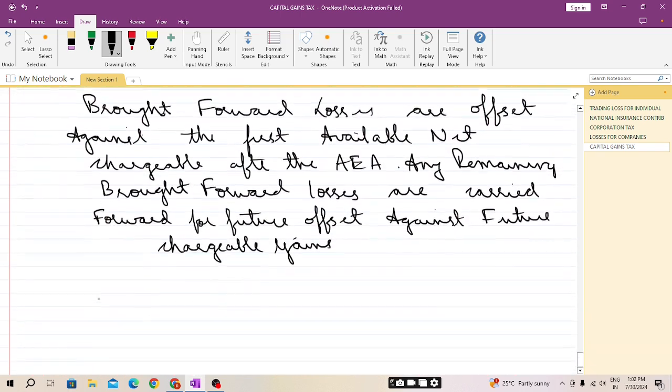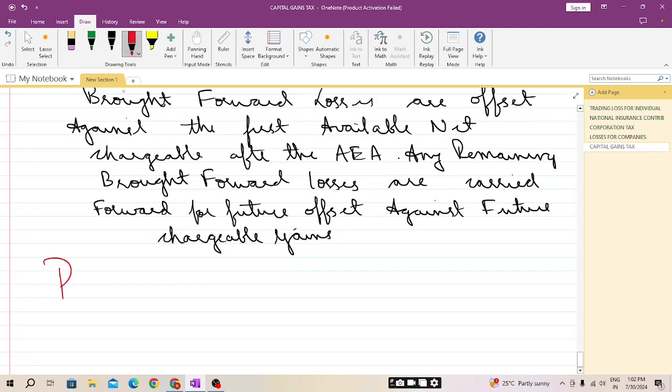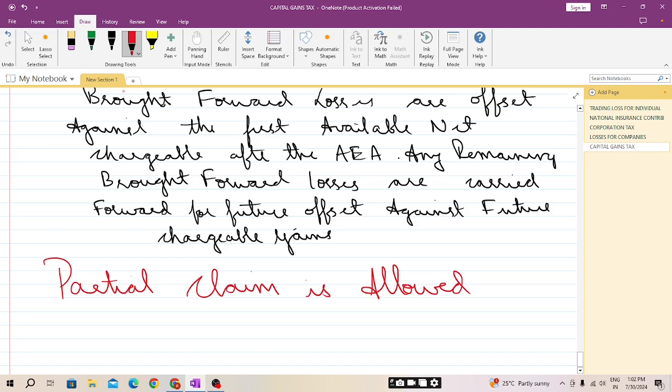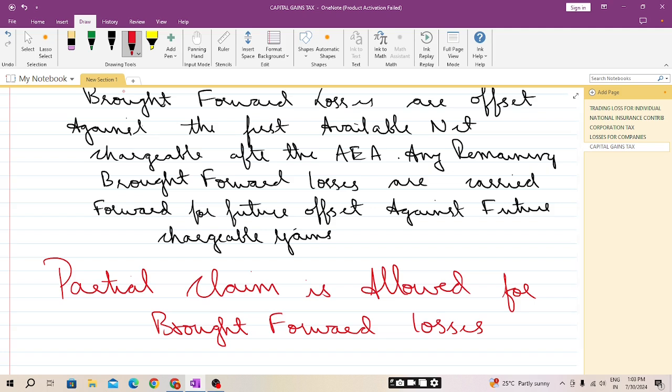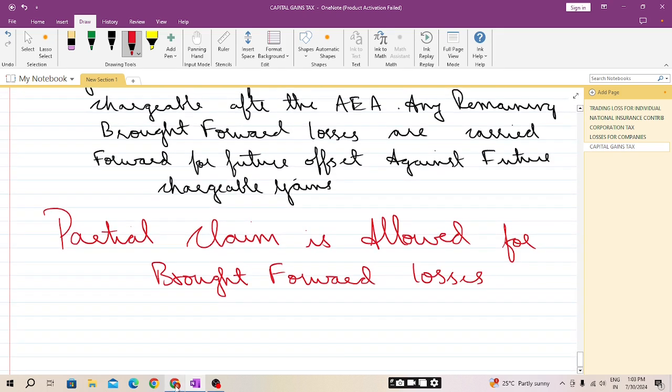But for brought forward loss, partial claim is allowed. I hope this is clear. But in case of company, students, no partial claim was allowed. In case of individuals, partial claim will be allowed for brought forward loss. I hope this is clear.